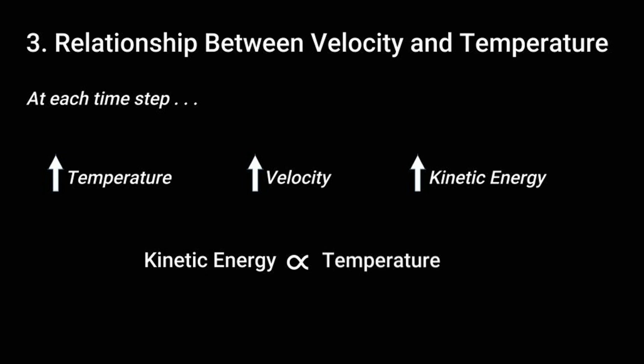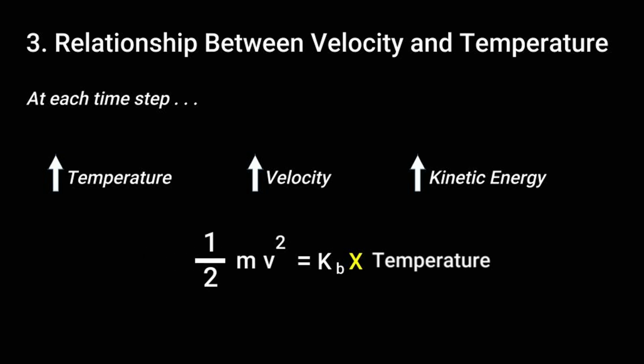Replacing this proportionality with a famous constant, Kb, known as the Boltzmann constant, and kinetic energy will also be expressed in terms of velocity as half mv square. Combining both the equations, we can relate the velocity to temperature using this particular final equation.